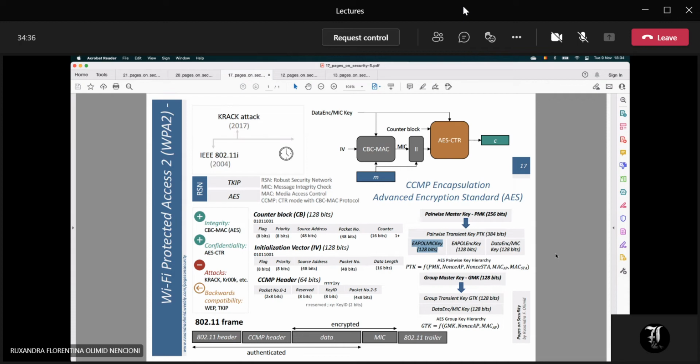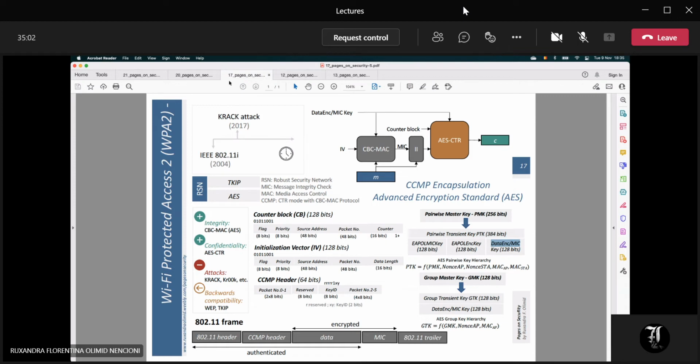I don't know if it's a tricky question, but in WPA2 the data encryption key and the MIC key are the same? Yes, but these are for the data. Okay, so not for the umbrella protocol.